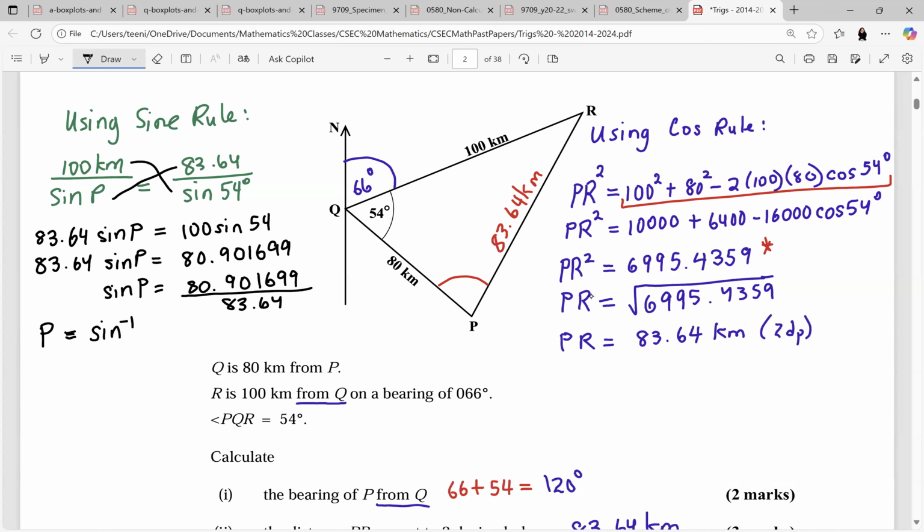Let me divide this: 80.901699 divided by 83.64 is 0.96726, and therefore P is equal to the sine inverse of that, which would give me 75.3 degrees. Yeah, 75.3.